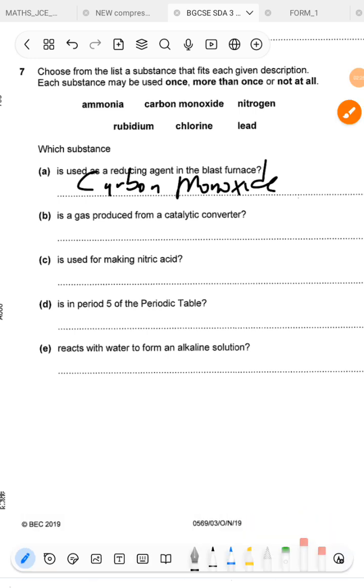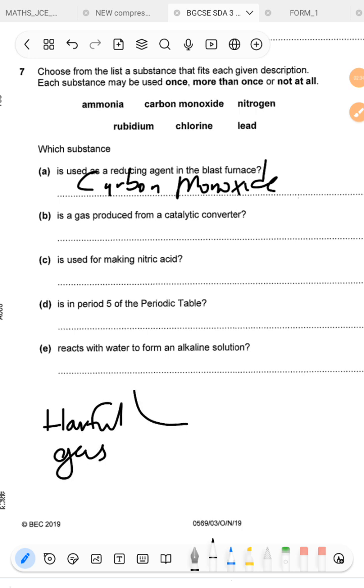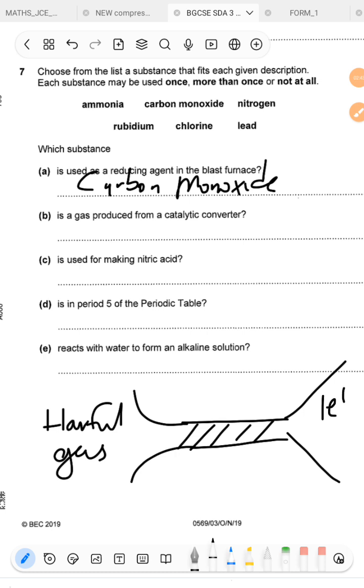Remember that in a catalytic converter, you're going to get all your harmful gases and put them through it, and inside the catalytic converter, these gases are converted to less harmful gases, gases that are not harmful to the environment. So here harmful gases include remnants or leftover hydrocarbons that are left there.